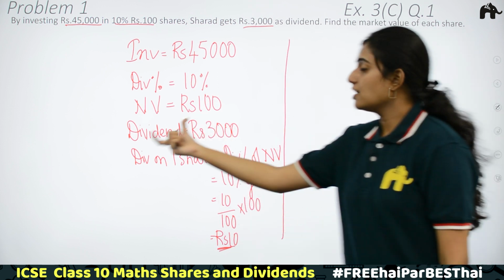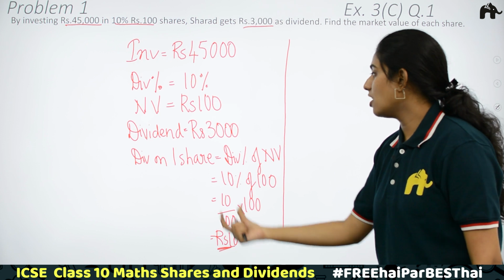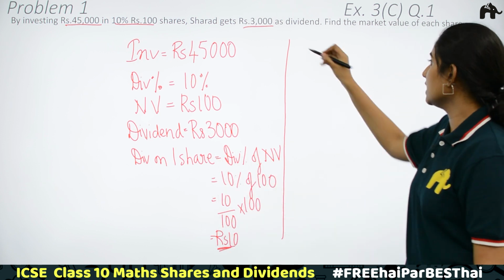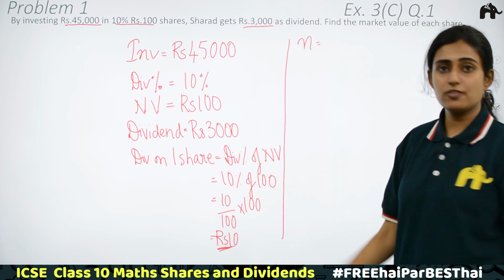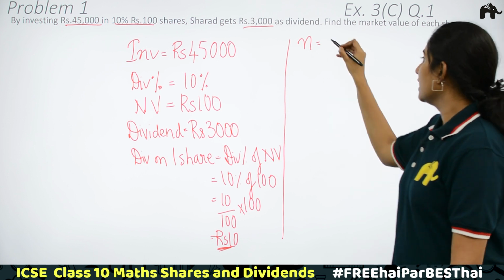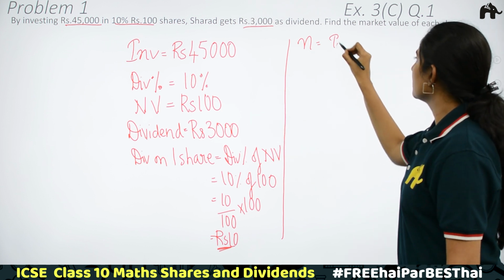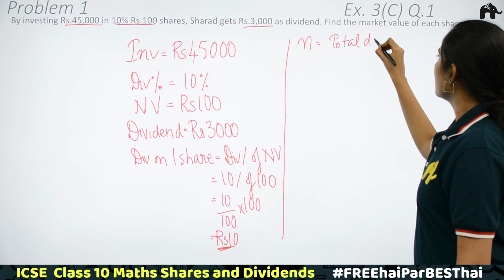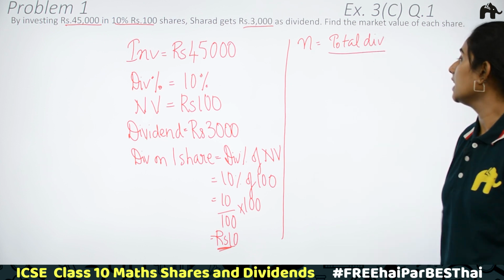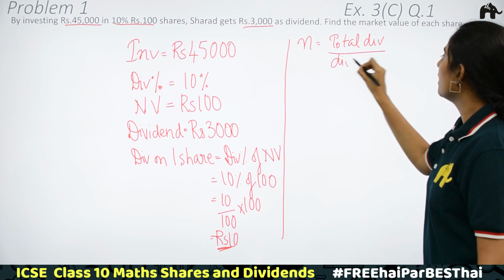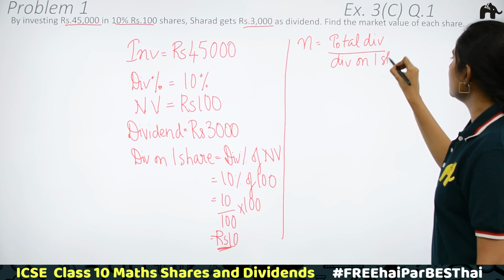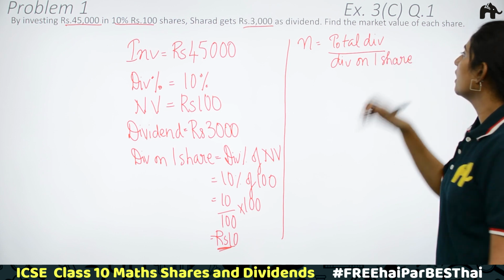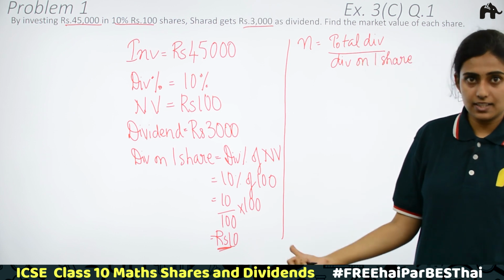We have the total dividend and the dividend on one share. From this we can calculate the number of shares. Yes? Total dividend divided by dividend on one share. Total dividend is the total income.